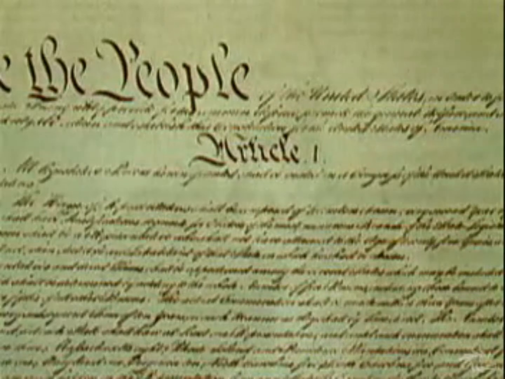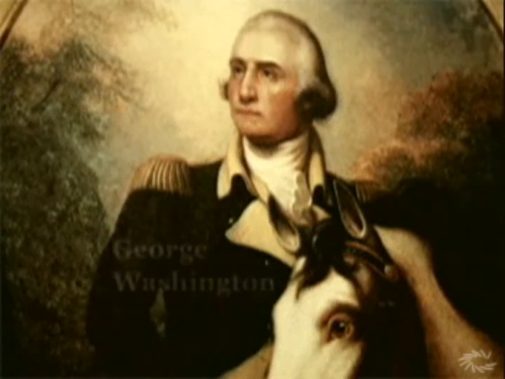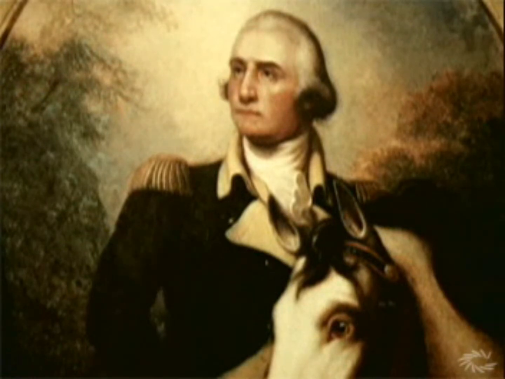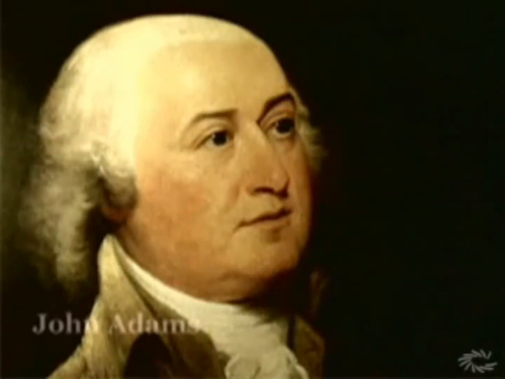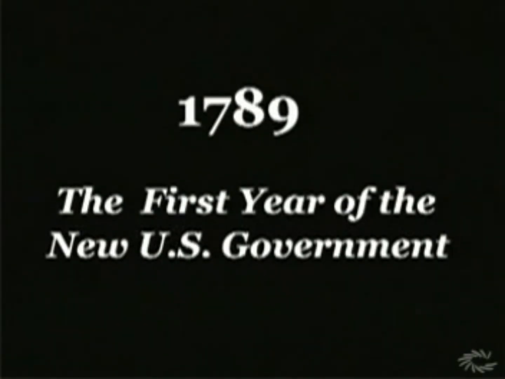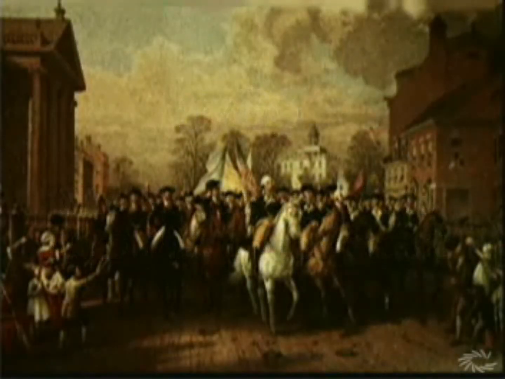Following the guidelines that were written in the new Constitution, George Washington of Virginia was elected to be the first President of the United States of America, and John Adams of Massachusetts was chosen to be his Vice President. Two months after his election, George Washington, at the age of 57, was inaugurated President.